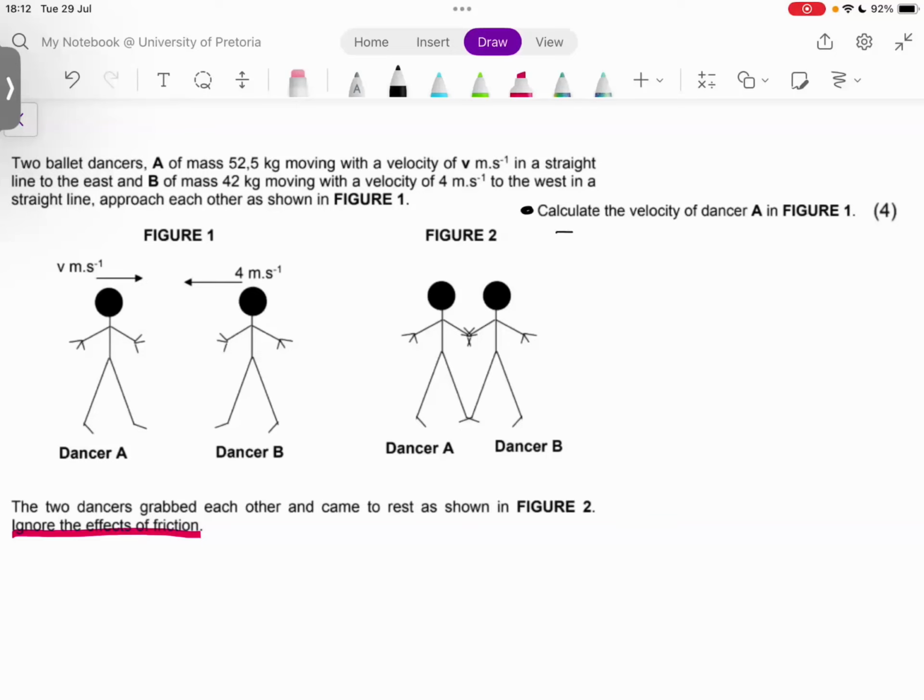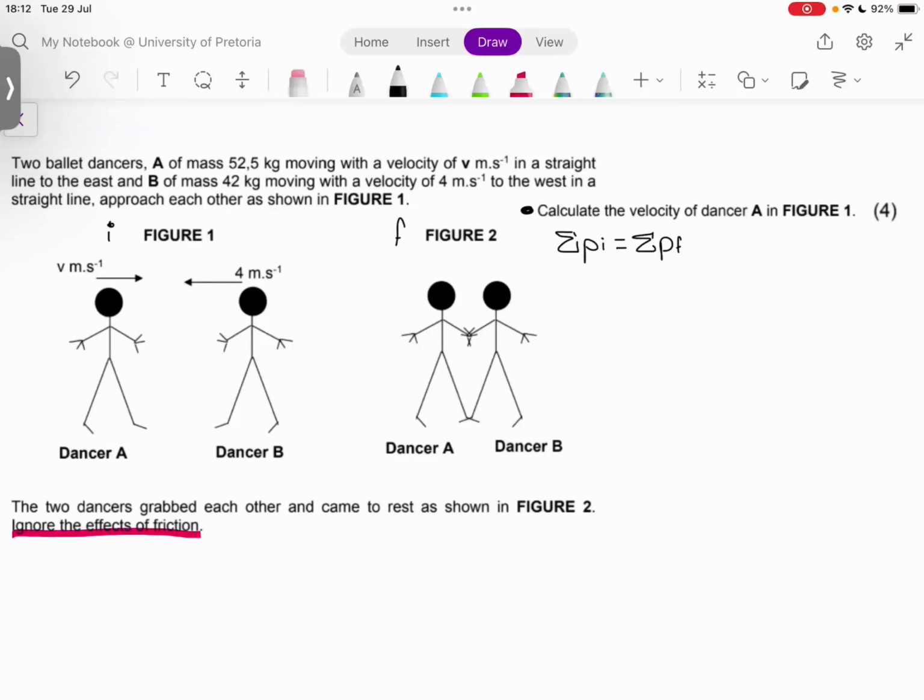We start off with the sum of all initial momentum is equal to the sum of all final momentum, where figure 1 is I for initial and figure 2 is F for final. From here, we have to expand both sides of the equation and solve for our unknown variable, which in our case is the initial velocity of dancer A. So let's get into it.